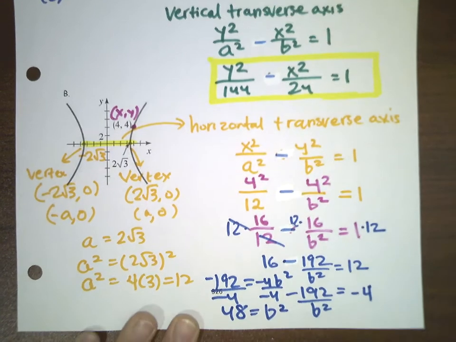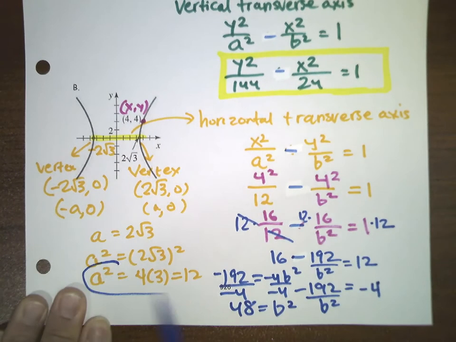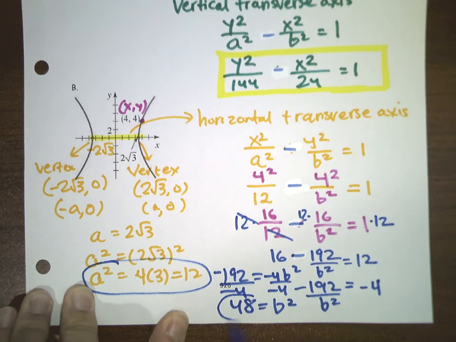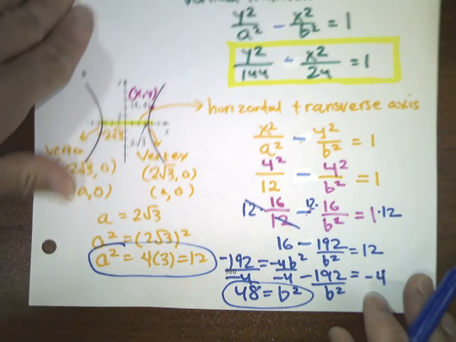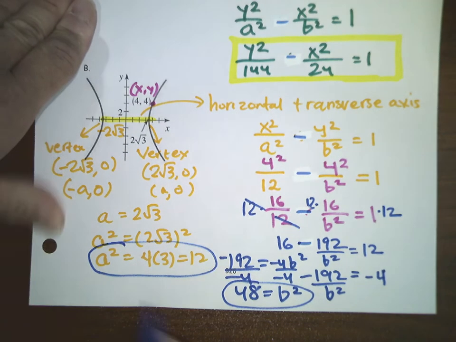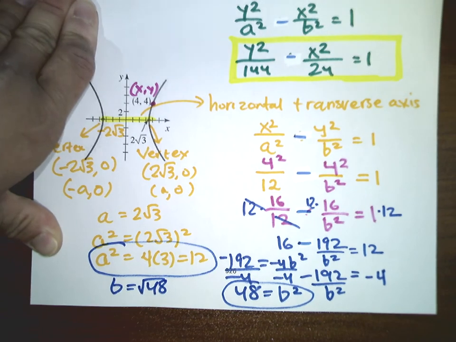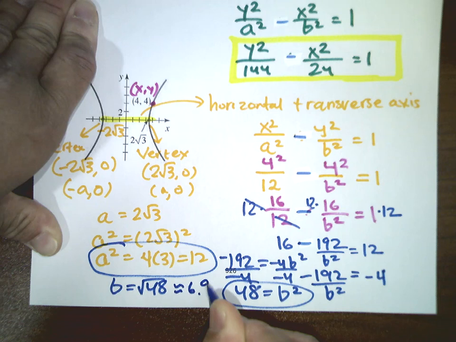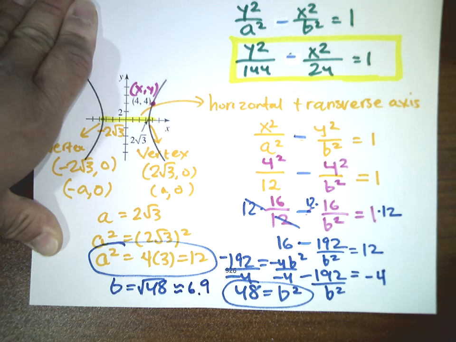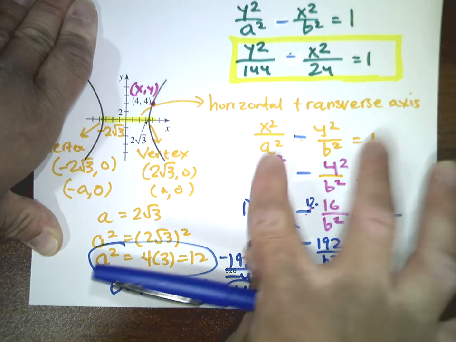So I know a squared is 12 and b squared is 48. If I want to find b, I can: b is the square root of 48, which is about 6.9.